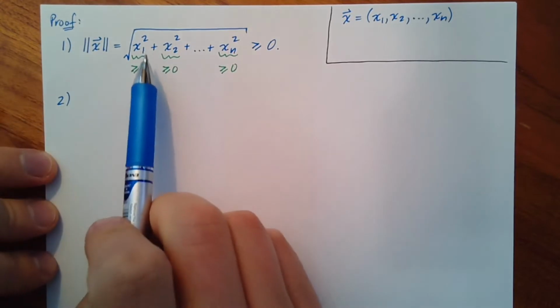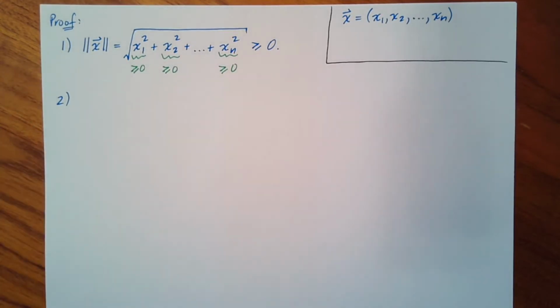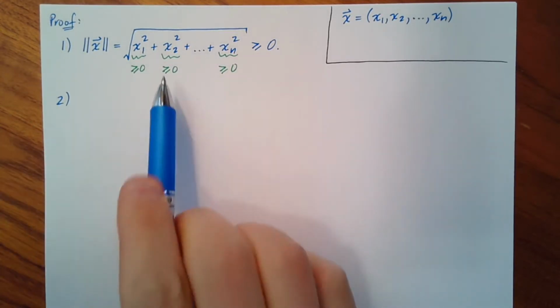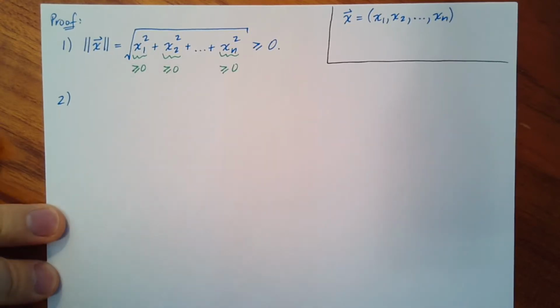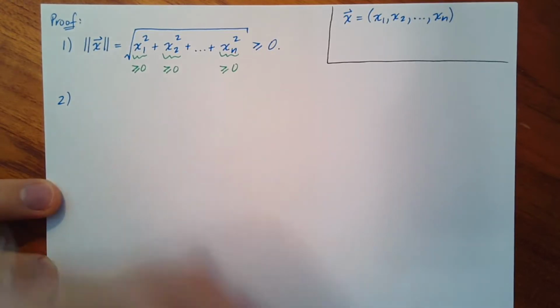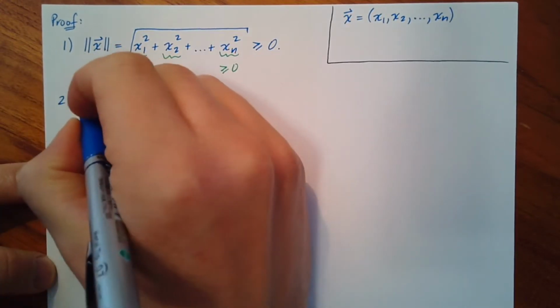But you're adding up a bunch of terms that are all greater than or equal to 0. So if you want to get 0 for that sum, and none of the terms can be negative, well, then none of them can be positive either. They're all going to have to be precisely equal to 0. That's the only way that the square root can end up giving you back the value 0. So what that means is, we could say the following.